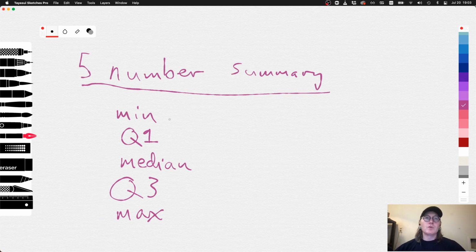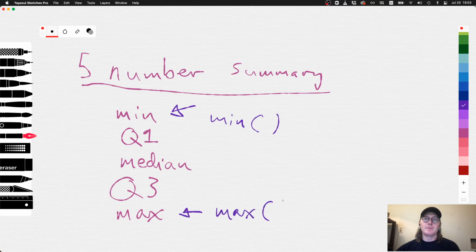Yeah, so if you think about how to create the 5-number summary procedurally with Python, there are functions that we have that do a lot of this work for us. Okay, we've got the min. That's just the min function, right? We've got the max. That's just the max function.